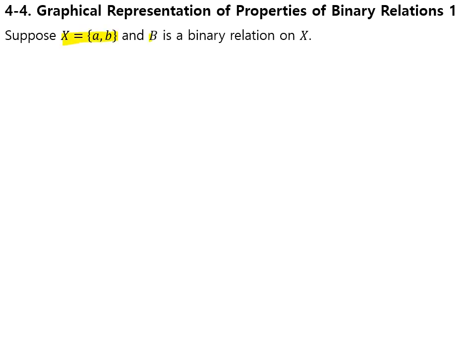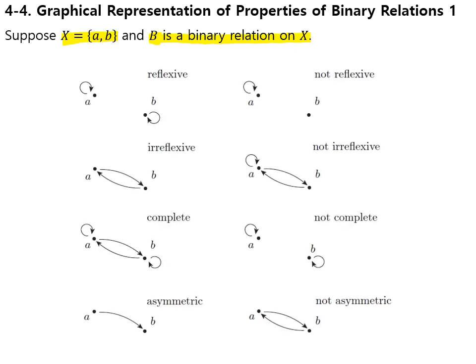And suppose that binary relation B is defined on the set X. Now, let's look at the first example. In the first picture here, this represents a reflexive relation. And this is because we can see that all of the elements bear the relation to itself.